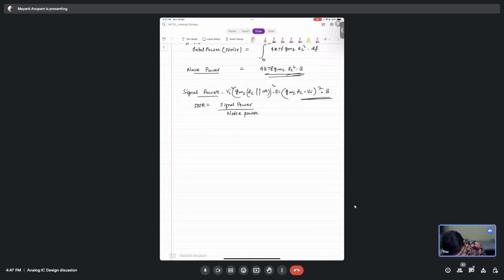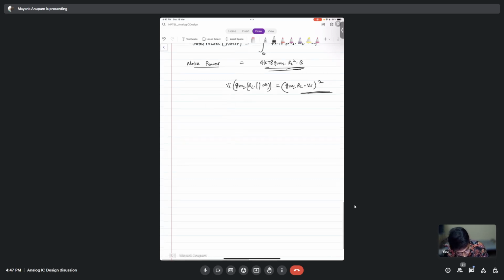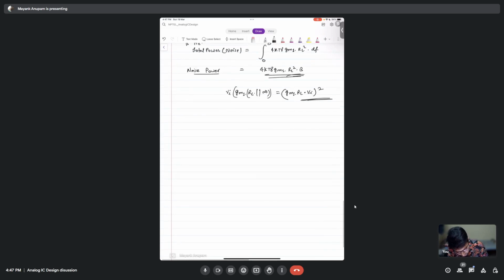One second. That is why I went step by step here. First of all, what is the total signal voltage at the output?